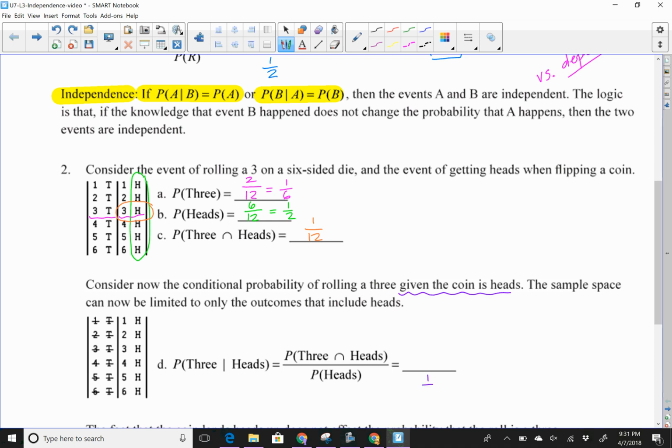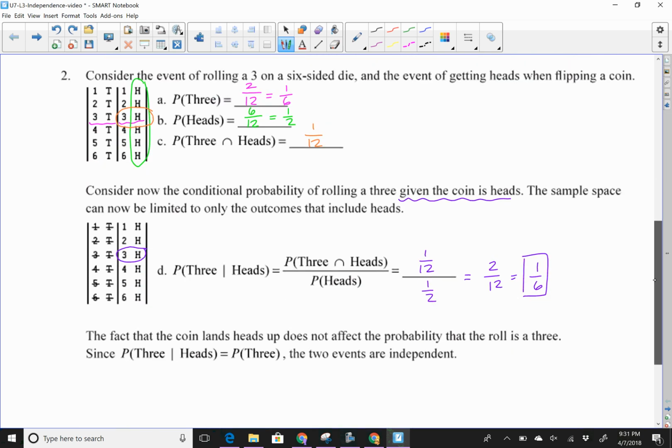That's 1/2. What is the probability that it's 3 and heads? That is 1/12. Keep, change, flip. That's going to be 2 over 12, which is 1 out of 6, which you can also see from here. I can't have these because they don't have heads in them. So for a 3 given that it's heads, there are only 6 possibilities, and one of them has a 3.